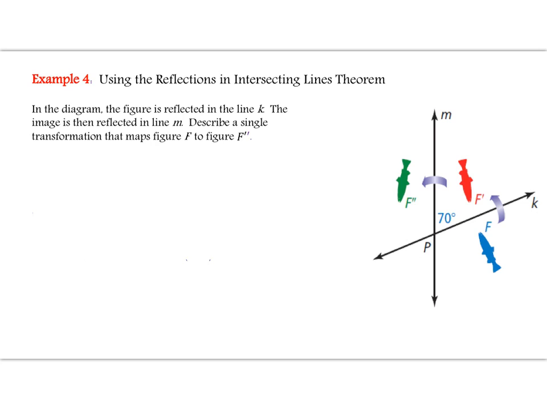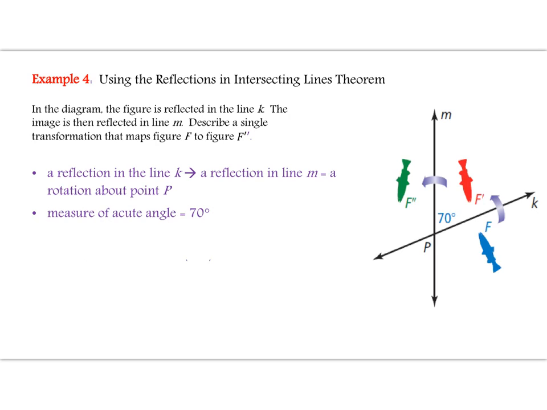In the diagram, the figure is reflected in the line K. The image is then reflected in line M. Describe a single transformation that maps figure F to figure F double prime. So as we mentioned in the previous theorem, a reflection in the line K followed by a reflection in the line M equals a rotation about point P. And the measure of the acute angle is 70 degrees.